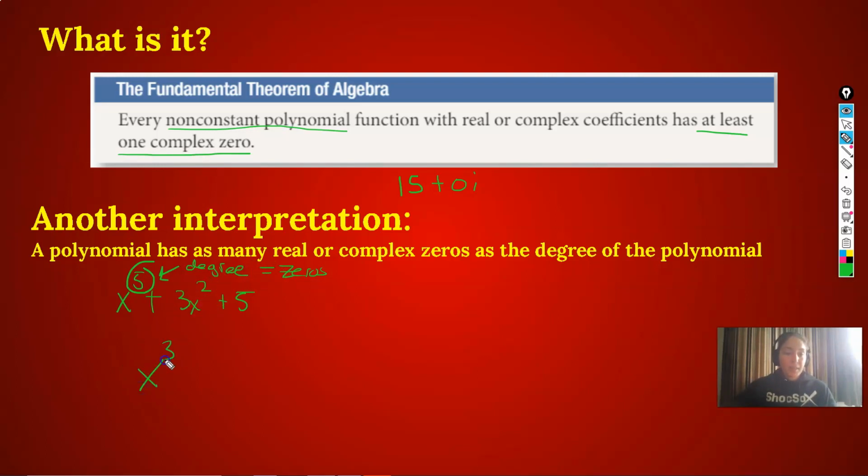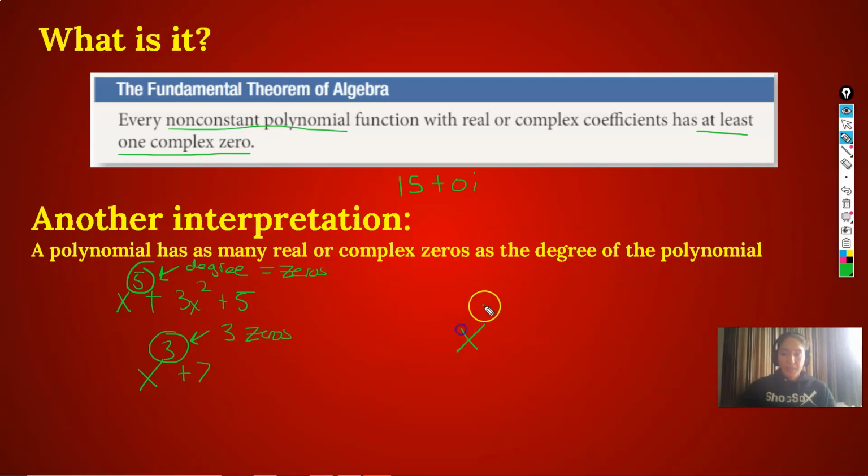If we see something like x to the third plus 7, that means this polynomial is going to have 3 zeros. They may be real, they may be complex, we're not sure. Remember, complex solutions appear in conjugate pairs, and that's something we'll see a little later in the video.